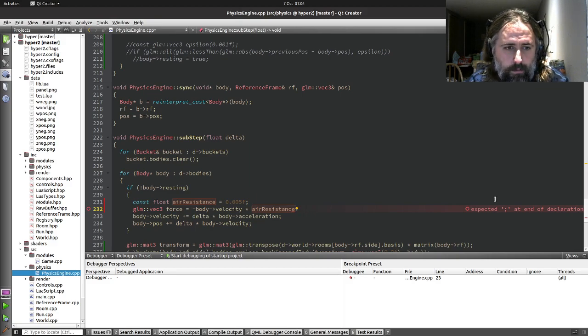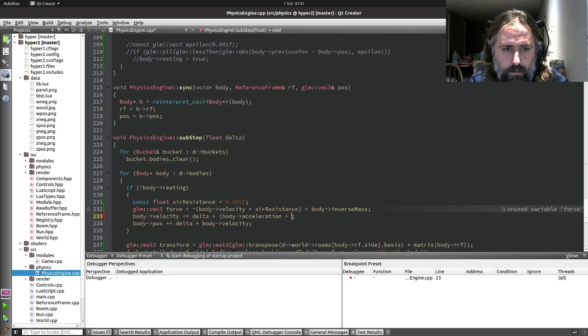Okay, and how do we turn that into an acceleration? Well, we divide it by mass, which does make sense. Things with more mass have less air resistance. And of course, our mass is inverse mass, so we just multiply by inverse mass.